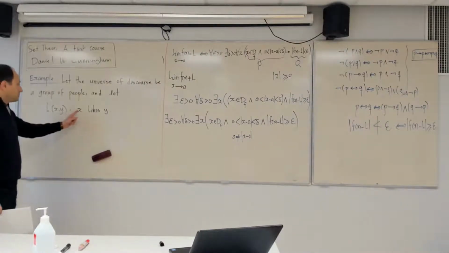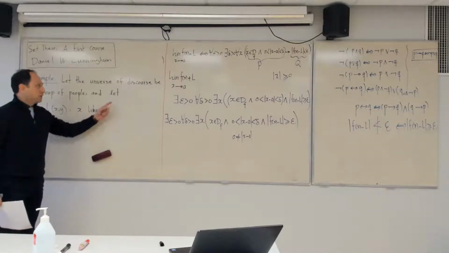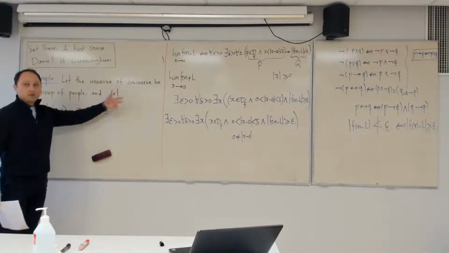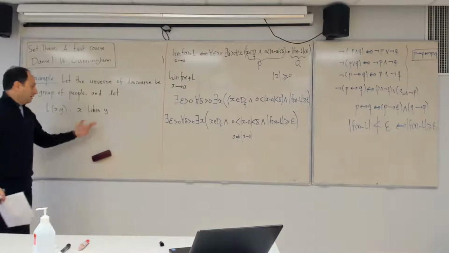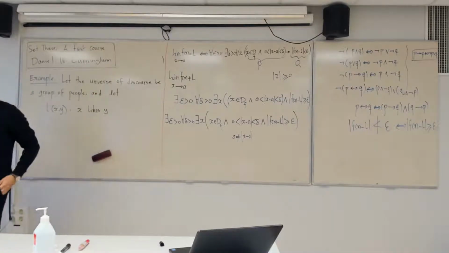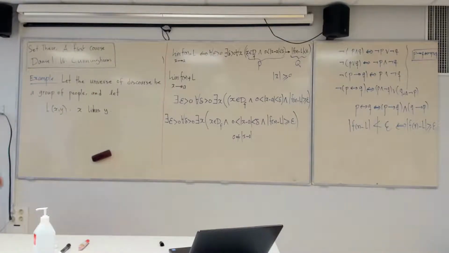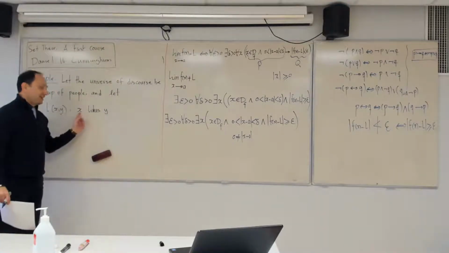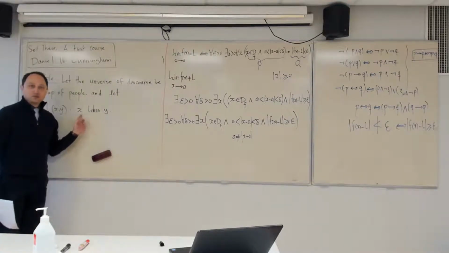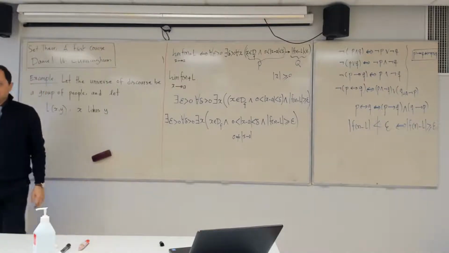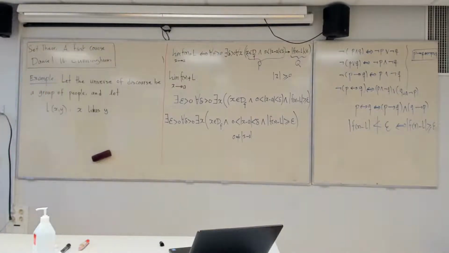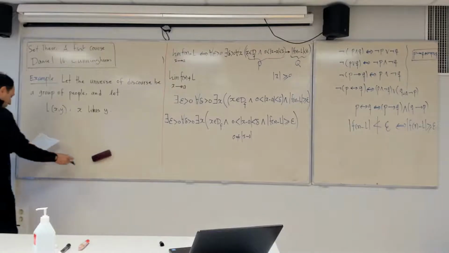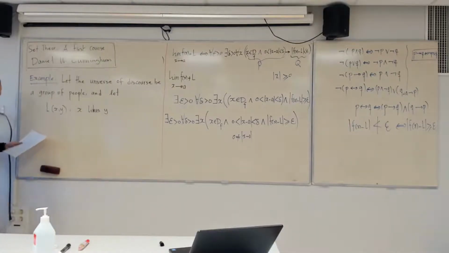And I am allowed to say x likes y because I have said that the universe of discourse is a group of people, and liking each other is very natural in a group of people, okay? So for example, I cannot say that the universe of discourse is the set of real numbers because then I need to define what it means that the square root of 2 likes the square root of 3, yes? It's meaningless, okay?